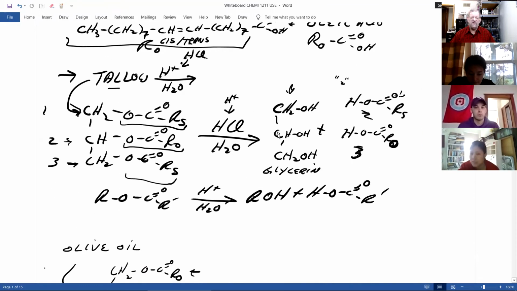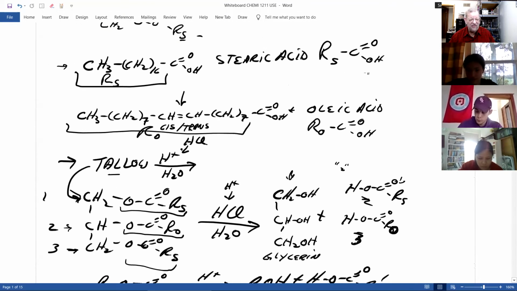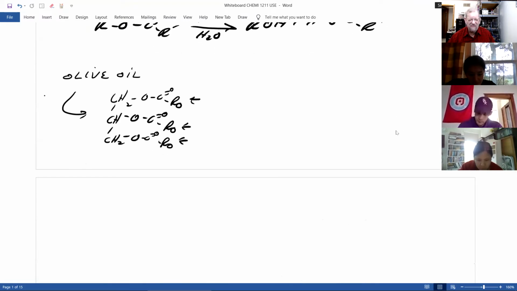How many of you have heard, over the last number of years, that medical science has told us that trans fats are bad for us? Have you heard that? What are they talking about? They're talking about this double bond that's in the R sub O. If it's trans, it's bad for us. If it's cis, it's better for us.